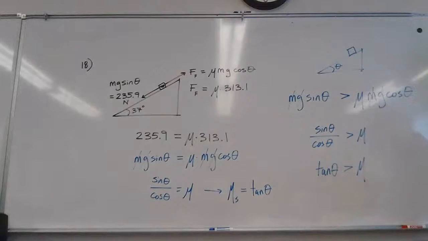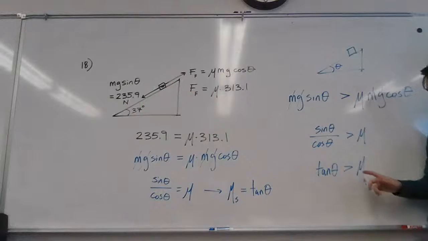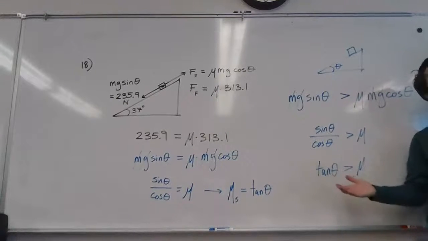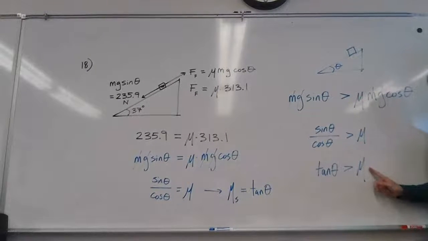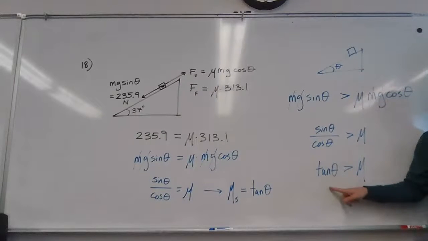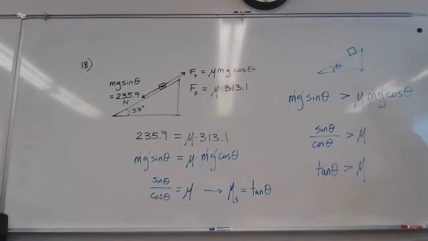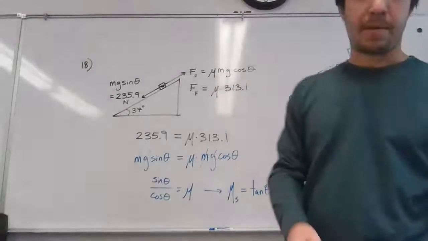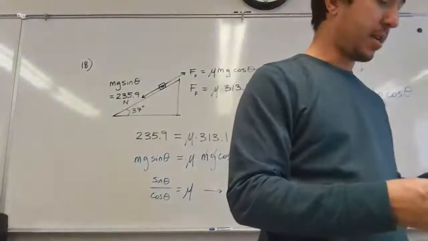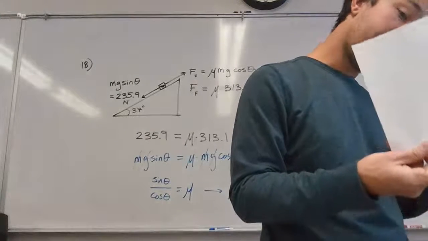So hopefully this makes intuitive sense. In order for the block to slide down the ramp, we need the friction coefficient to be smaller than a certain number, right? So maybe you might have to think about that a little bit for it to click in your head, but okay.